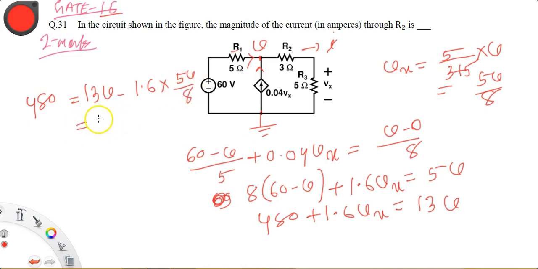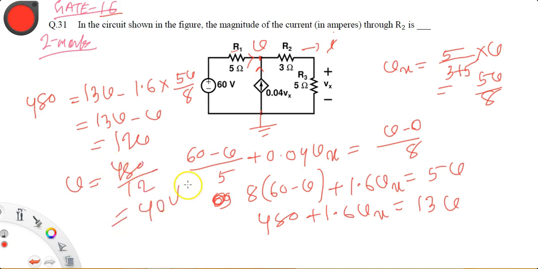How much is it coming? 13V minus V, which is 12V. So your V will be 480 upon 12, that is 40 volt, and the current will be V upon 8, that is 40 upon 8, 5 ampere.